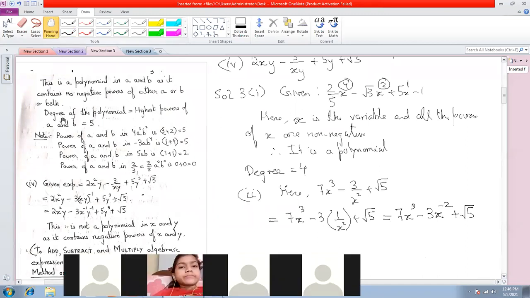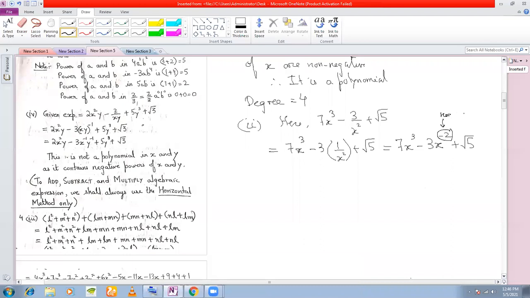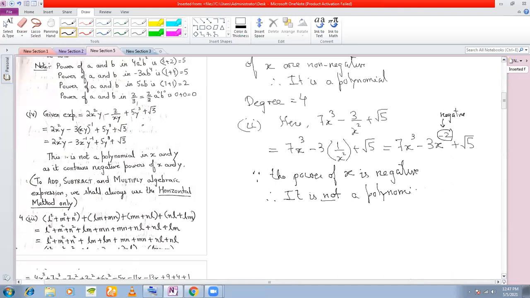So you see that all the powers here are not non-negative. This is a negative number. Since the power of x is negative, therefore it is not a polynomial. And if it is not a polynomial, definitely the question of degree does not arise. It's not a polynomial.